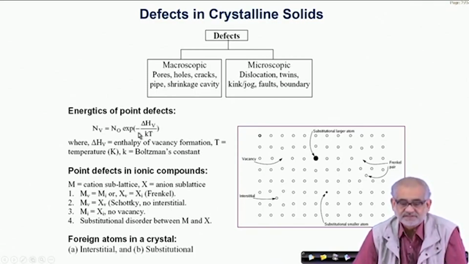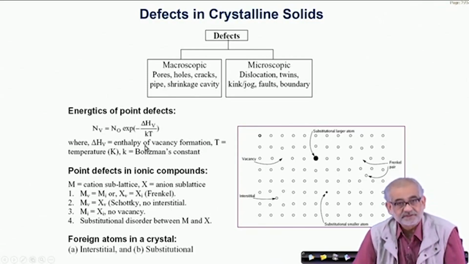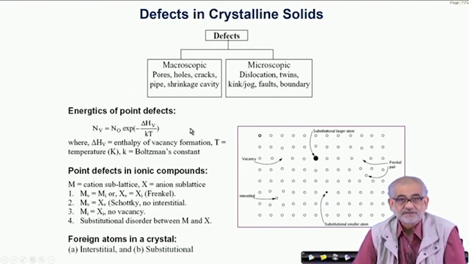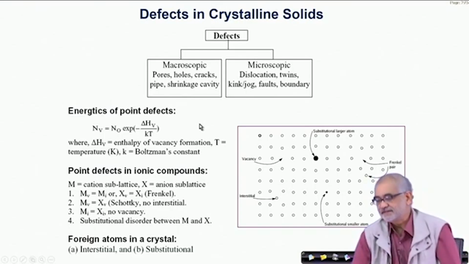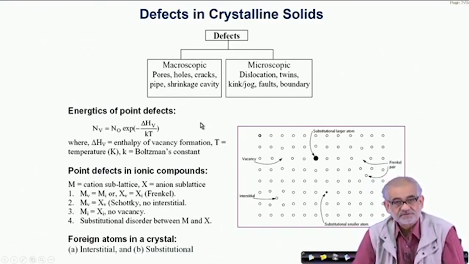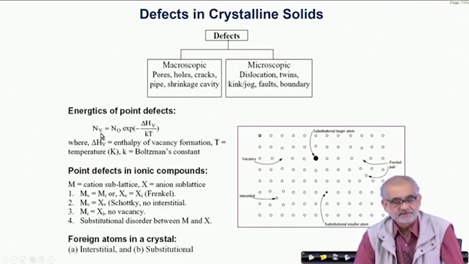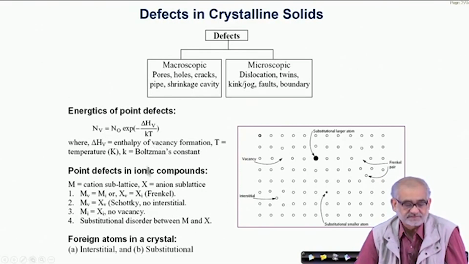If you consider Gibbs energy as the stability index of any given system, which has two components, the enthalpy and entropy, and the entropy part increases, as a result the Gibbs energy, delta G, decreases, and every system in the universe tends to go towards lowering of Gibbs energy. So increasing randomness and increasing entropy, and thereby decreasing delta G, stabilizes the system. So having a certain amount of vacancies in a crystal is actually beneficial for the stability of the crystal.